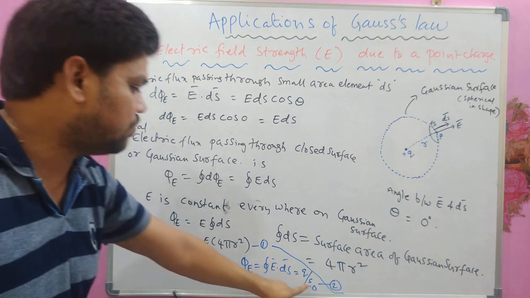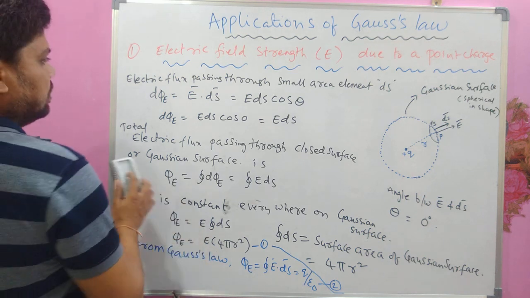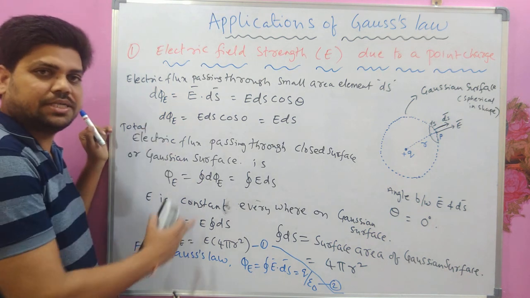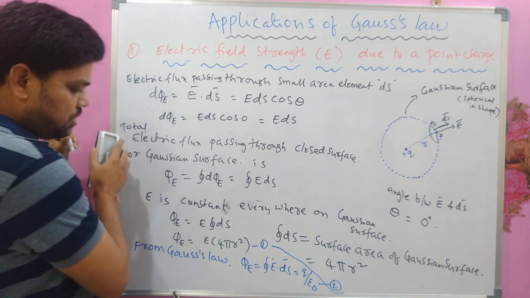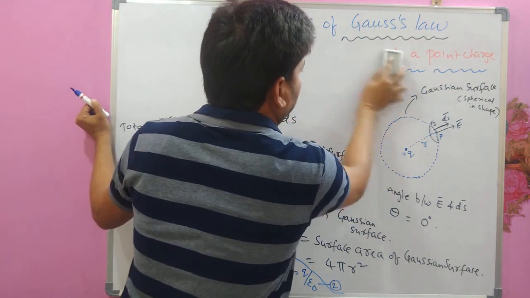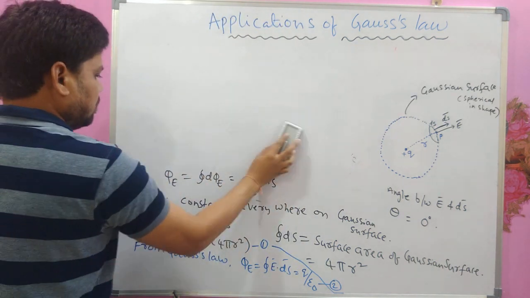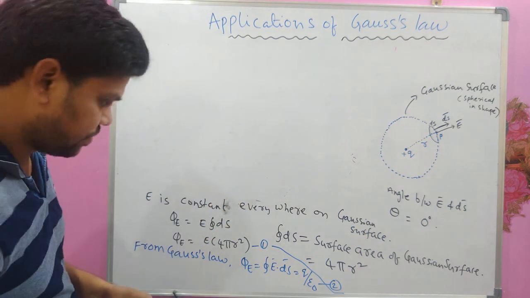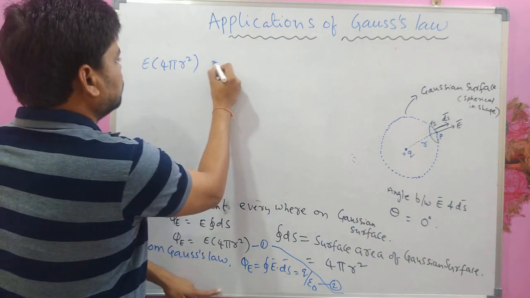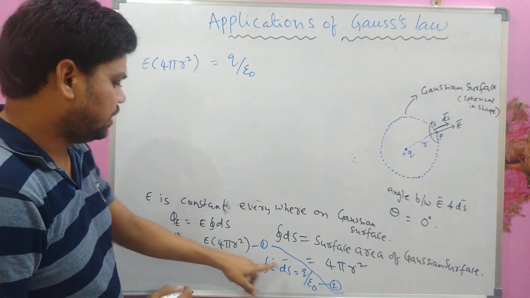E into 4πr² is equal to Q by epsilon naught. Equations 1 and 2 are the same.